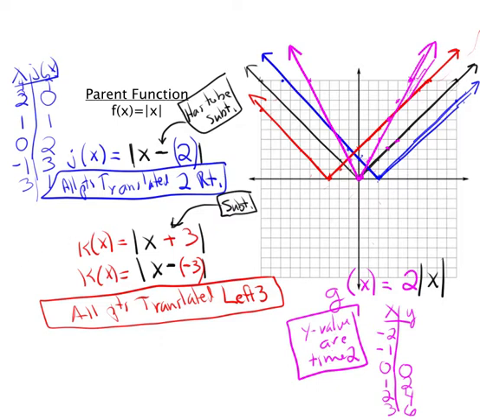So let's do a different color. It's getting kind of busy here, but in our different color, let's call this h of x equals 1/4 of our parent function, absolute value of x.